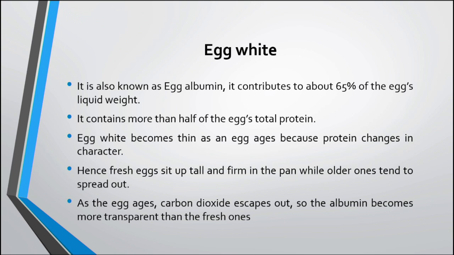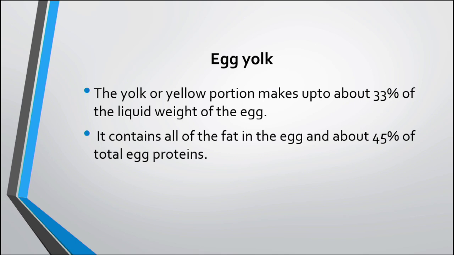Hence a fresh egg sits up tall and firm in the pan, while older ones tend to spread out in the pan. As the egg ages, carbon dioxide escapes, so the albumin becomes more transparent than in fresh ones. The next one is egg yolk.